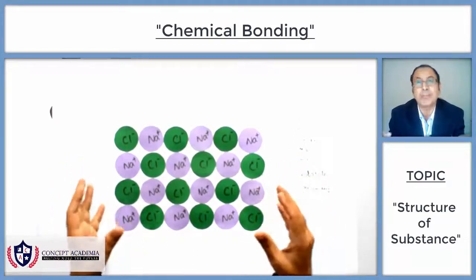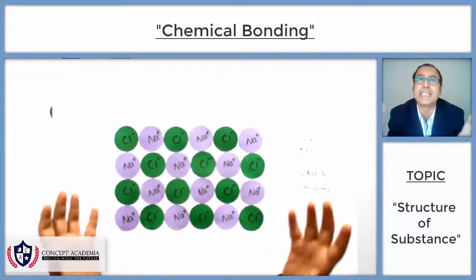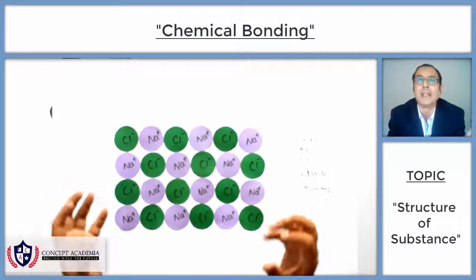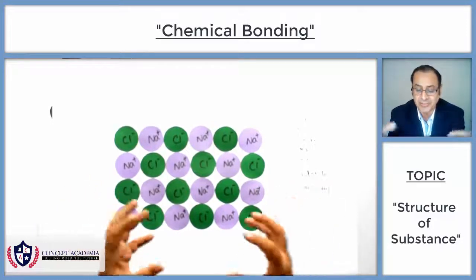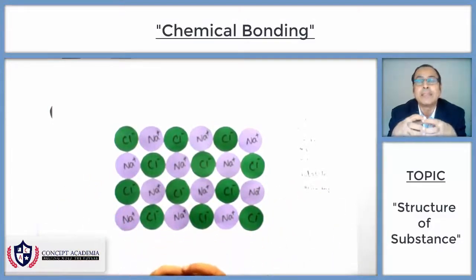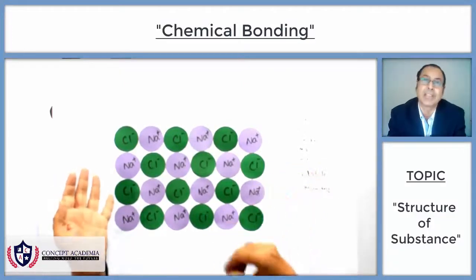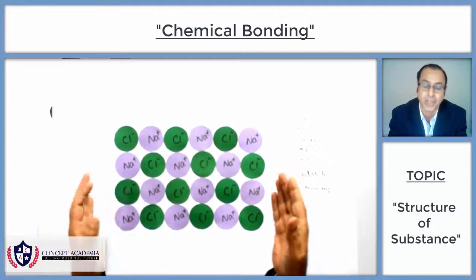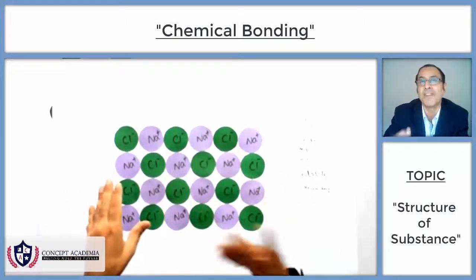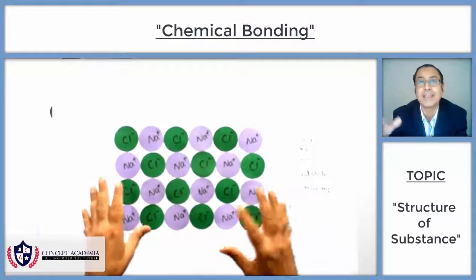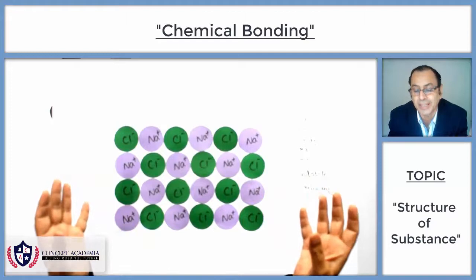Some of the ionic compounds have very high melting points, like magnesium oxide and aluminum oxide. Their forces of attraction are very strong and they can tolerate very high temperature. So these are used as an inner lining of the furnaces, as a material which can sustain high temperature.